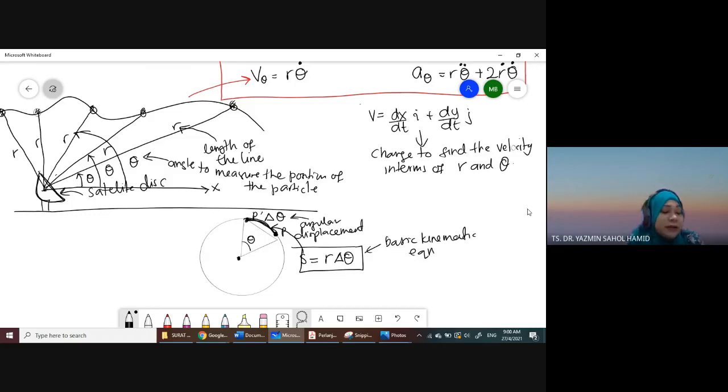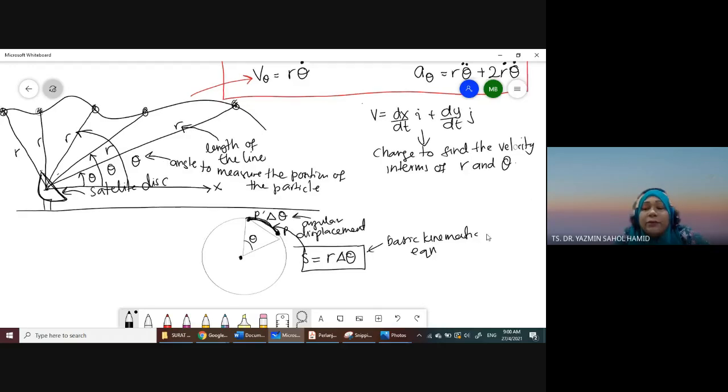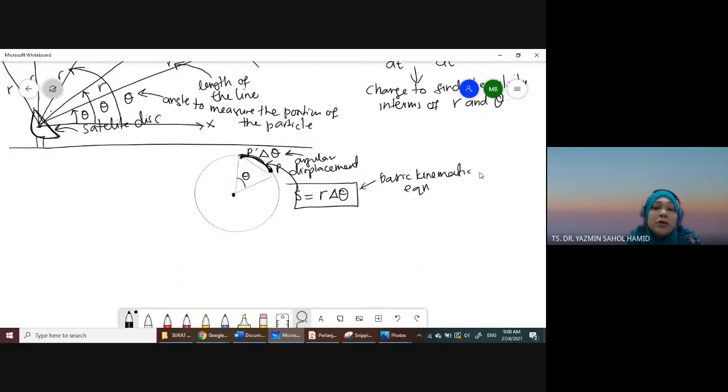From this basic kinematic equation, let's say I divide it by the time, because the change in position of the particle from point P to P prime is due to the change in time.